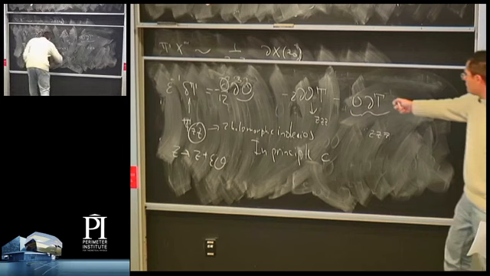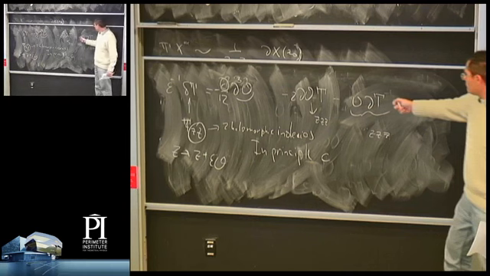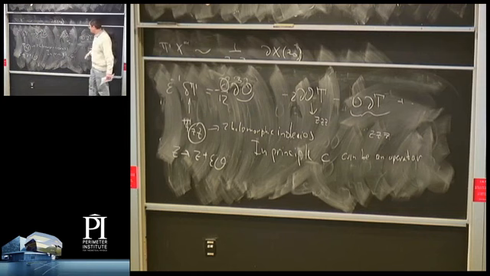In principle, c is an operator, much like what we have here, a symmetry parameter times an operator.